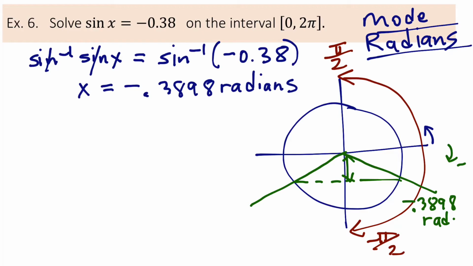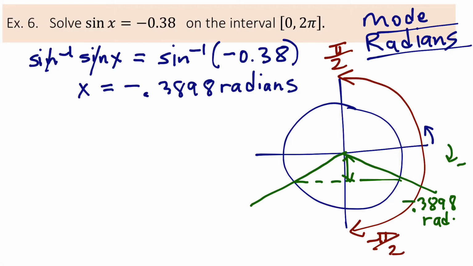So there's another angle with the equivalent sine in the third quadrant. Your inverse sine function only gives you the one angle, between negative pi over 2 and pi over 2, and you have to realize that there's another angle that's a solution to this problem.